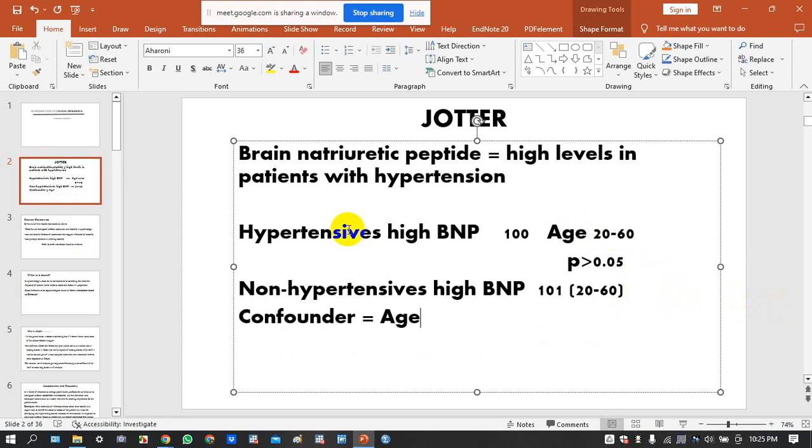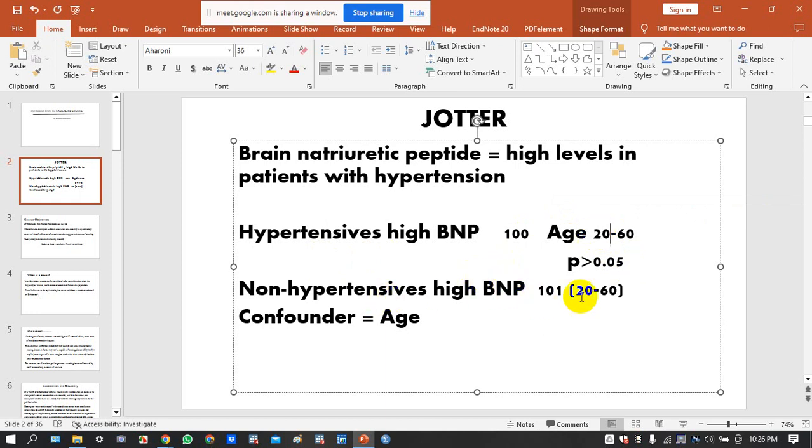Why? Because for hypertension, normally we know that it occurs in people from 45 years and above. So here, why do we have 20 years? It means that some of these hypertensives who are 20 years are not really hypertensive. Maybe the machine or the diagnosis tool we are using is not good.